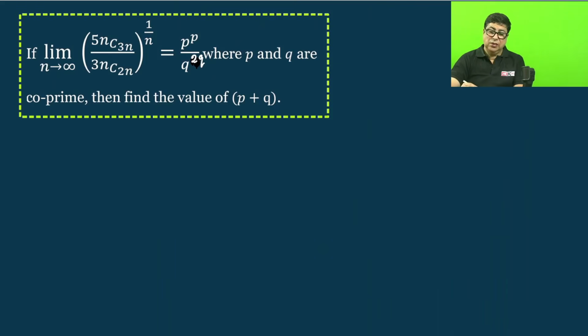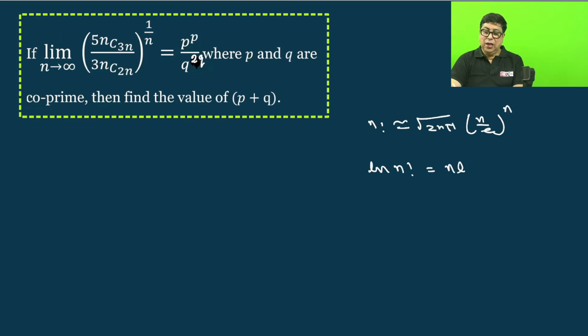In this case, the Stirling approximation formula says that n factorial is nearly equal to root over 2 pi n into (n by e) whole to the power n. That is, if we take the log, ln n factorial is n ln n minus n, a very effective formula.